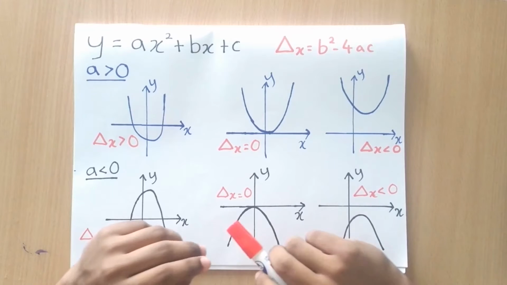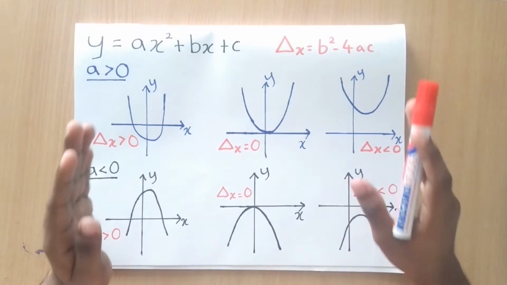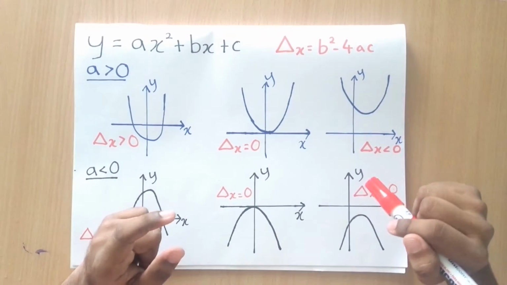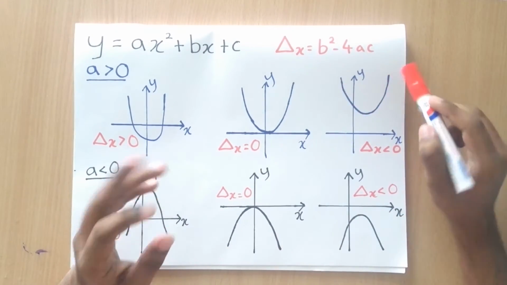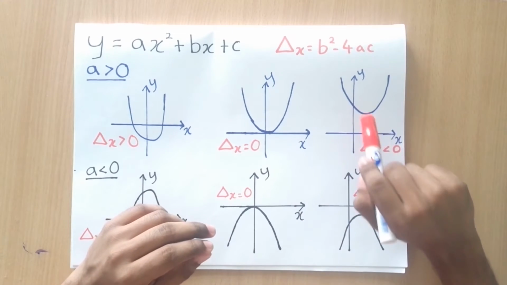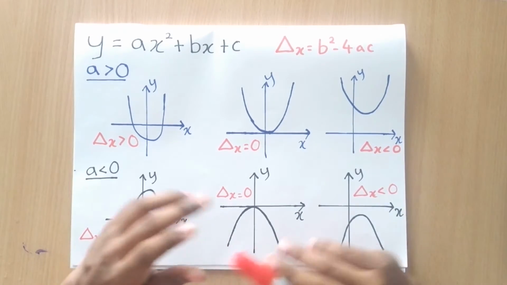So, if you are given a question where it is stated that the function is always positive, then you must know that this is the type of the curve they are referring to, and that there are no x values when y equals 0.